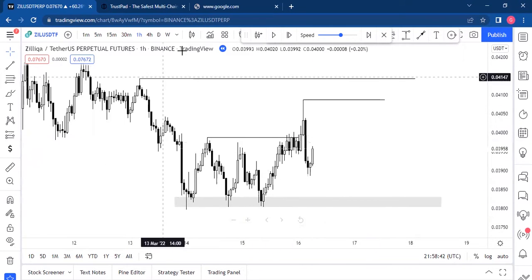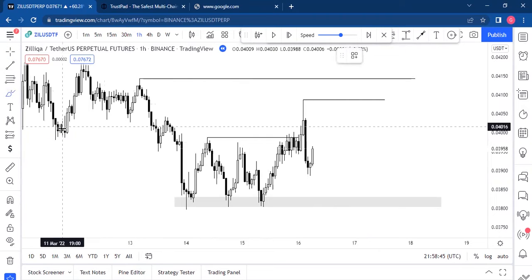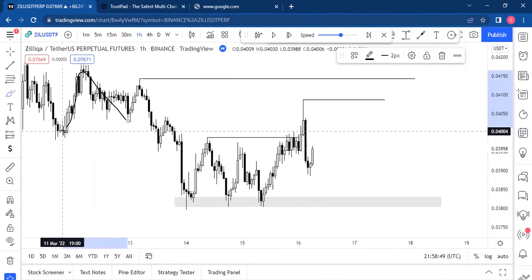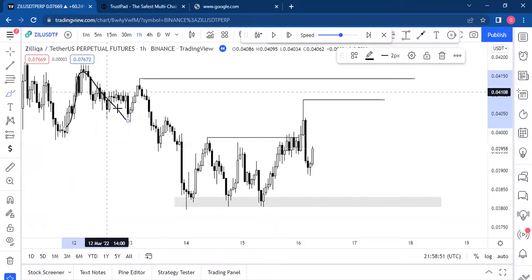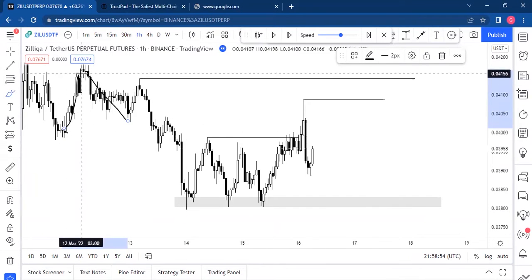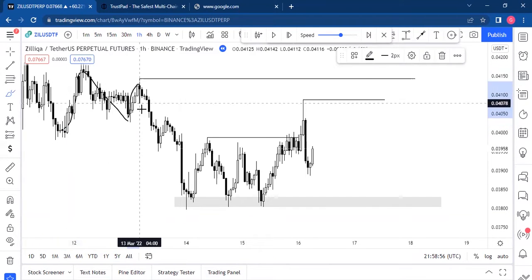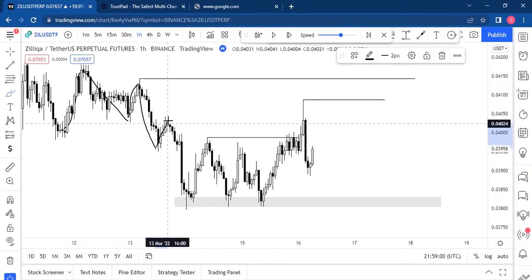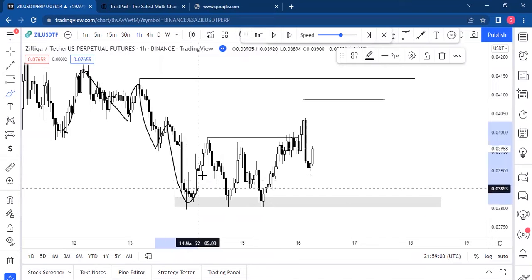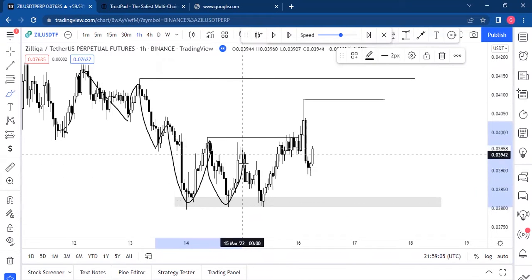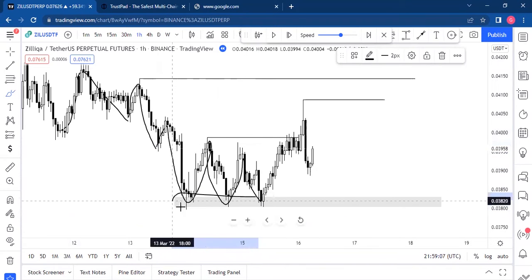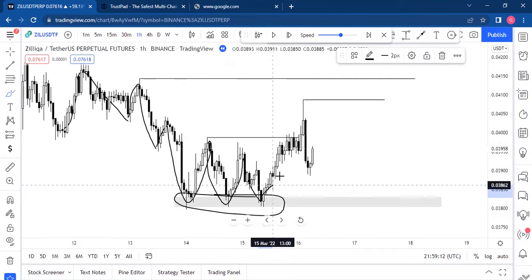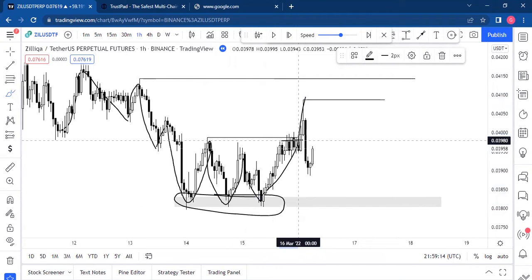We have seen that the market has been trading in a downtrend, with lower lows and lower highs, creating another lower low, another lower high, maintaining these same lows around this region. And all of a sudden, boom, it broke out of structure.